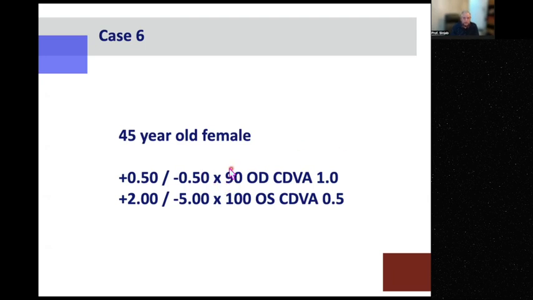When you see the flat minus, so flat, vertical, it is against the rule. This is vertical minus, so this is the flat. And because it is vertical, so it is against the rule. Okay, this is against the rule.